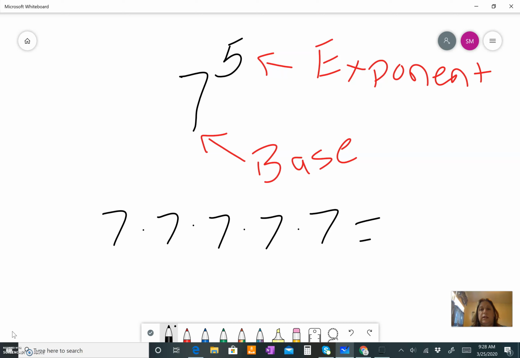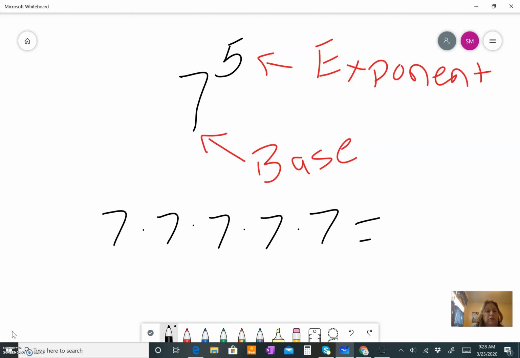Then you would get your calculator. You can use a phone calculator, or if you're on your computer or tablet, you can always Google one if you don't have one. I'm going to grab my calculator, and we're going to do 7 to the 5th. Some calculators can do exponents. I was starting to teach you that in the classroom. But if you don't have that ability, it's okay. Just do 7 times 7, 5 times.